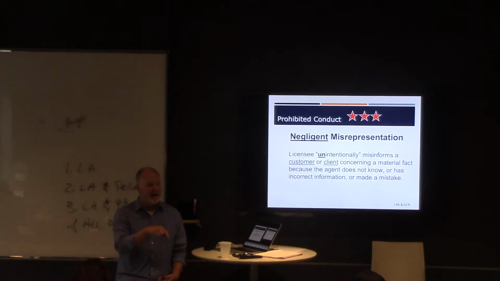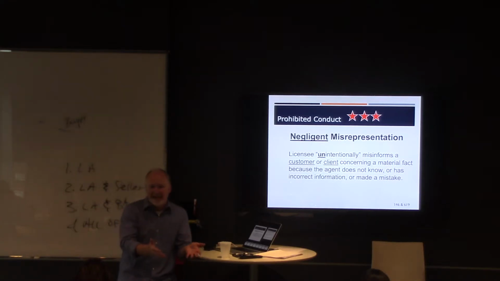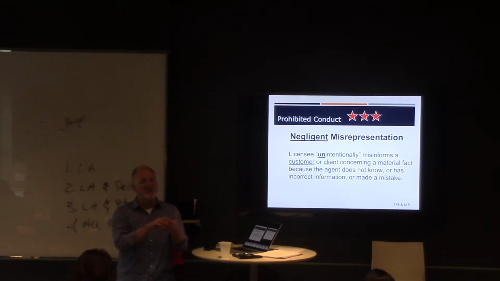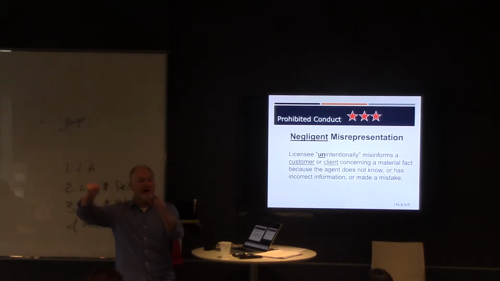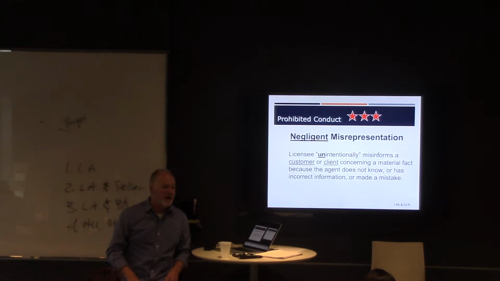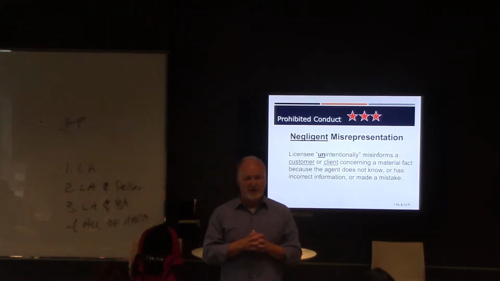However, in our MLS, which is controlled by the MLS board and the Association of Realtors, it's a required field. So in other words, the commission doesn't say you have to do it, but if you want to put it in MLS, it's a required field. So agents put it in the MLS. Well, the commission says if you represent the square footage, it better be what? Better be accurate, better be right. Okay? So two cases that I've had to deal with over the past couple of years.